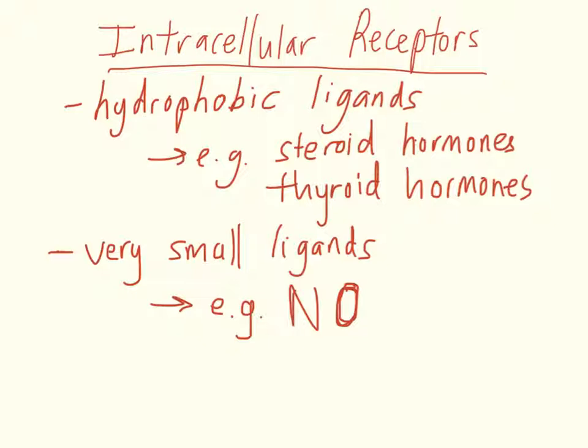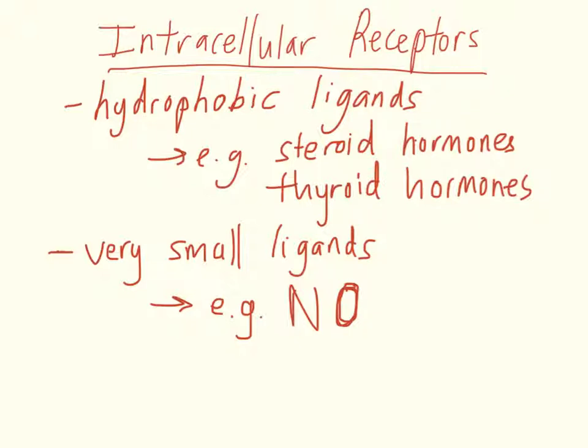Now let's take a look at intracellular receptors in detail. So before, with the G-coupled protein receptors, receptor tyrosine kinases, and ion channel receptors, those were all plasma membrane receptors. Now let's talk intracellular.